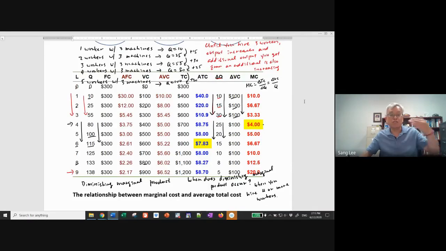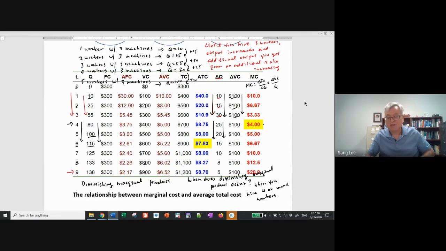And of course, when is the first time you observe diminishing marginal product? It happens the first time when you hire 4 workers.